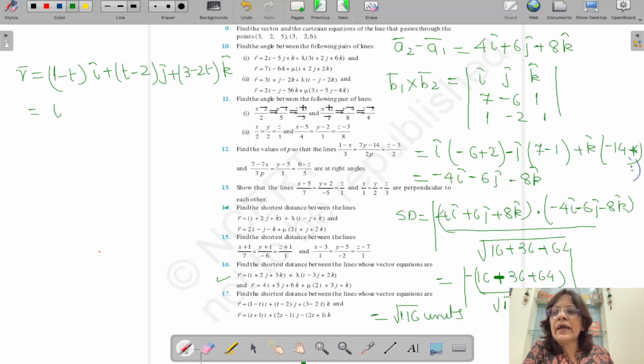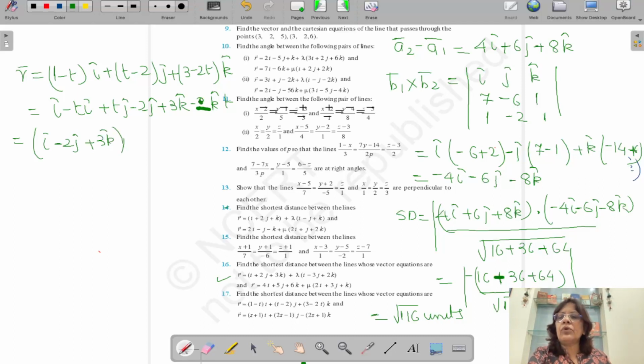When you open it up, i minus ti plus tj minus 2j plus 3k minus 2tk. Now we can write i minus 2j plus 3k, this is a1, and t can be taken out common.